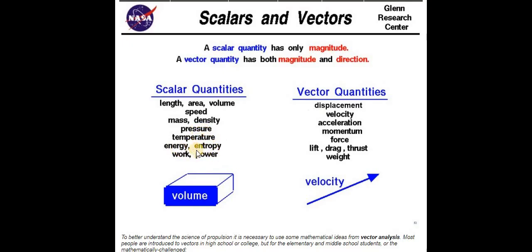For chemistry you would learn entropy. Work, power. Then vector quantity examples: displacement, velocity, acceleration, momentum, force, lift, drag. Now these are all types of forces. So all the forces are vector quantities. Lift, drag, weight, thrust, those are all different types of forces. Alright, so that's the end of the lesson.